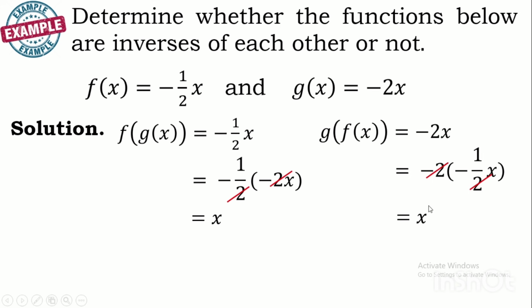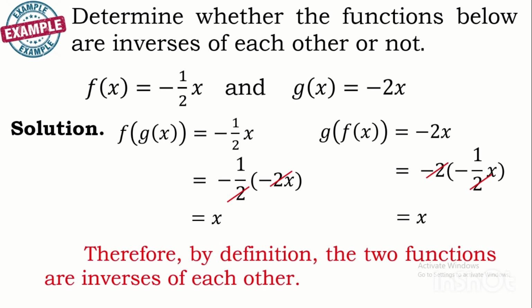Kapag equal ang sagot using the composition, ibig sabihin, by the definition, the two functions are inverses of each other. Tatandaan nyo, gagamitan nyo ng composition para malaman kung inverse sila sa isa't isa. And then, kapag equal yung dalawang function na yon, ibig sabihin, inverse sila sa isa't isa.